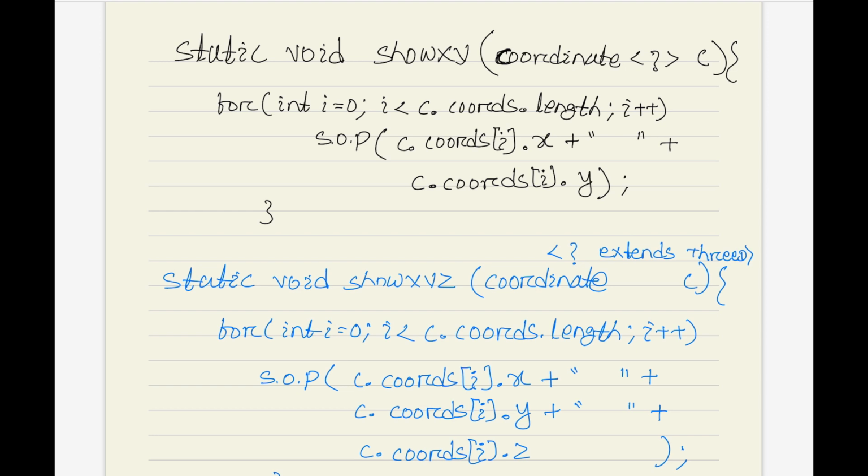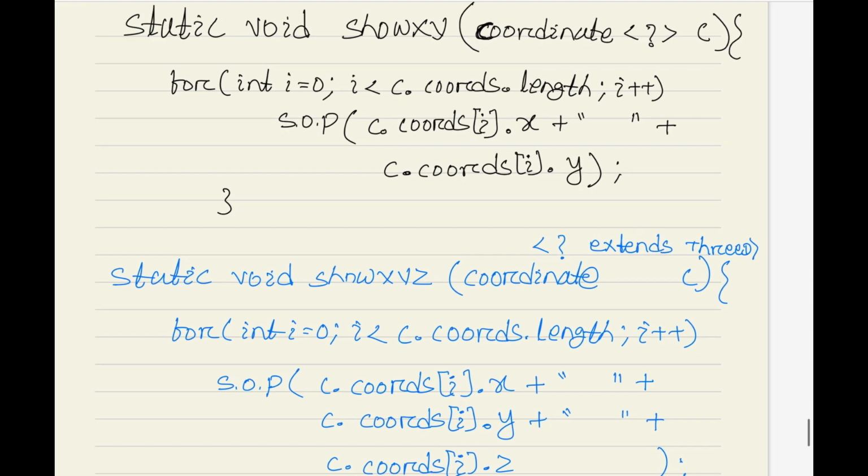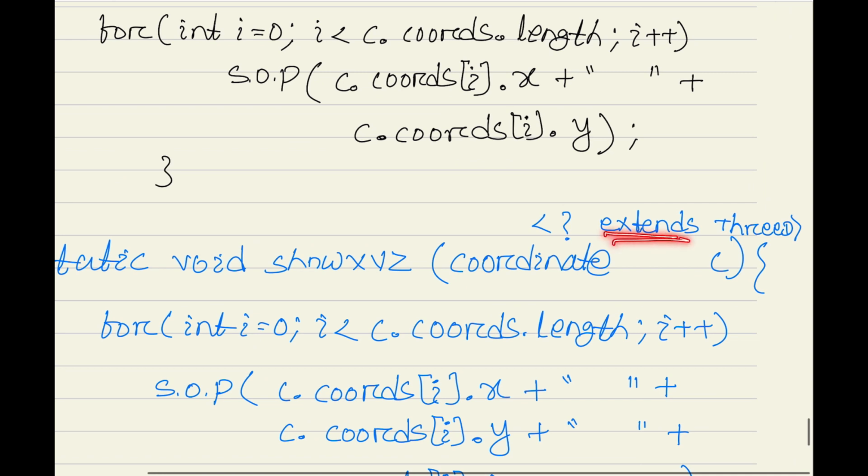This bounded wildcard enables us to restrict the type of objects upon which a method will operate. In this example the extends clause establishes an upper bound for the wildcard arguments.